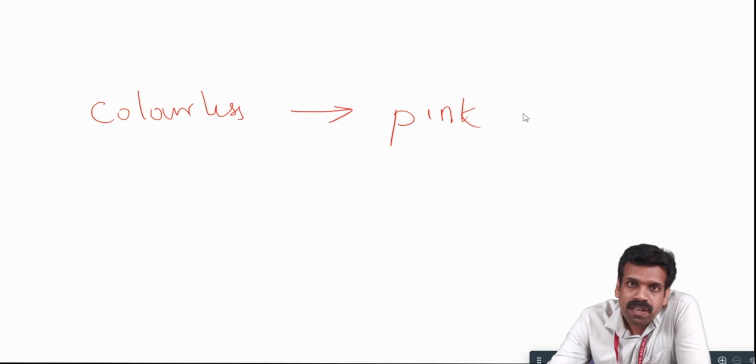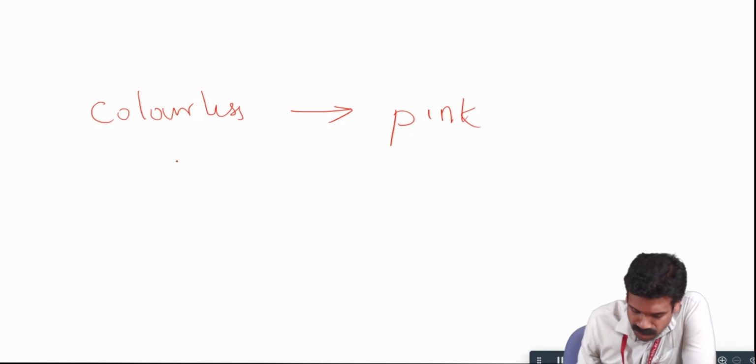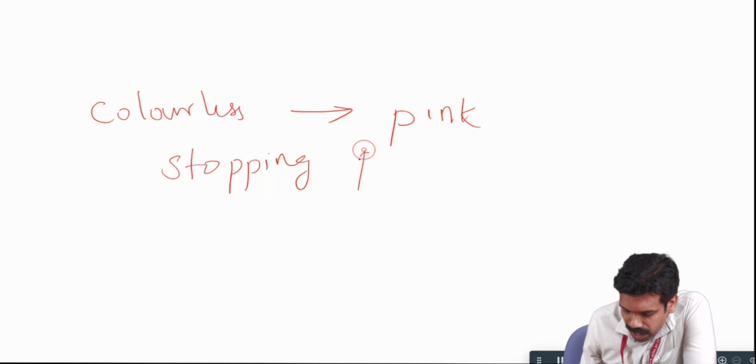So when you observe the pink color, you should stop adding the burette solution, and that point is known as the stopping point of titration, or to be more precise, the end point of the titration. End point.